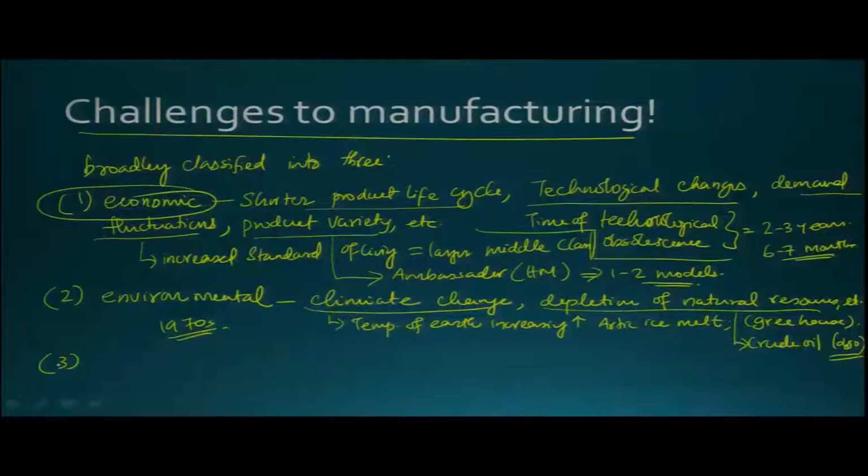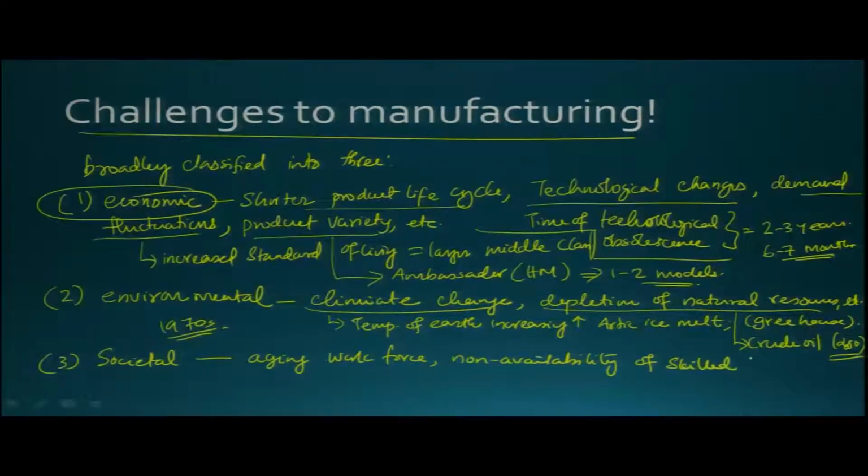Then comes the third challenge, which we call a societal challenge. Some examples of this are the aging workforce, and we can also think about the non-availability of skilled manpower, etc. A classical example of the aging workforce is the country Japan.